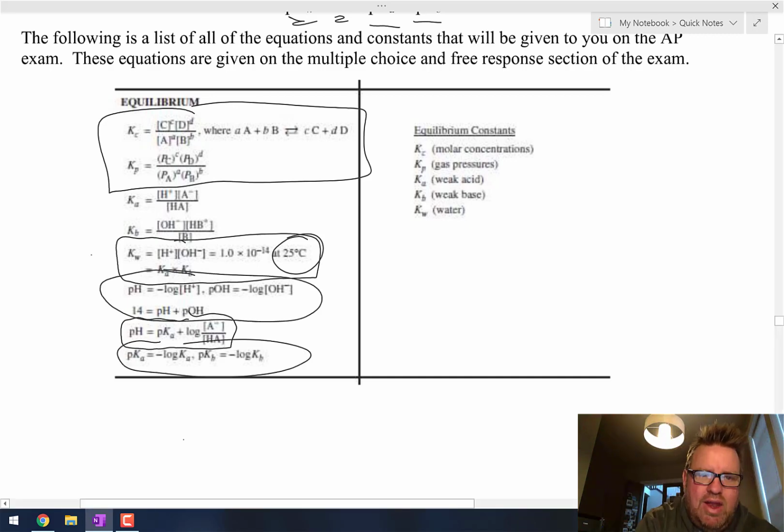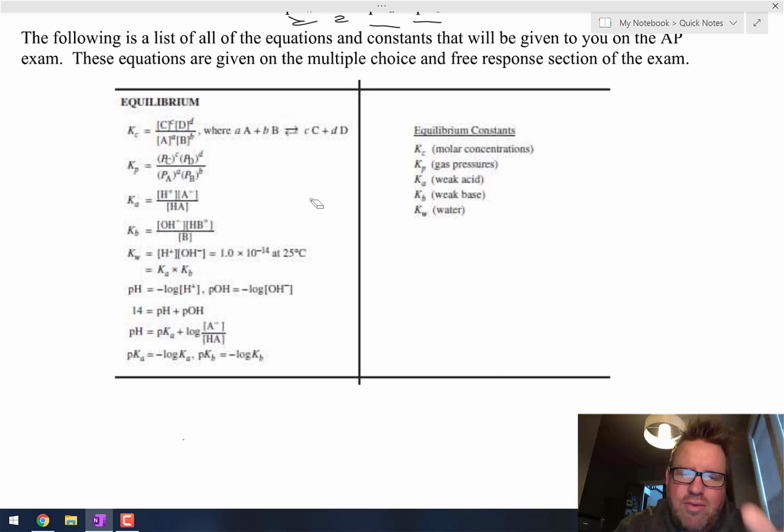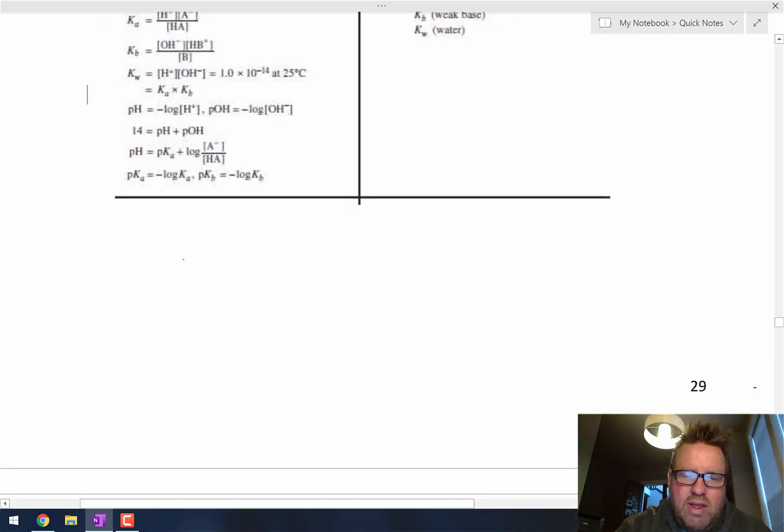And then again, there's that Kw, which you can turn into pKw as well. So lots and lots of different equations. And again, this is not one of those things where it's like, oh, all the equations are here, so I don't need to know anything, I'll be fine. Great, the equations are there, but if you don't know how to use them correctly, of course that doesn't matter. So it's really important to know these are the equations and this is how you use them correctly.